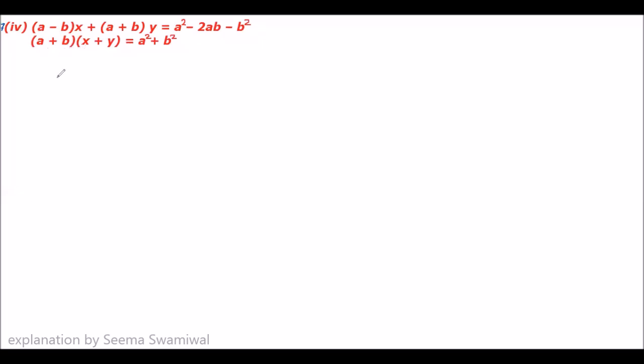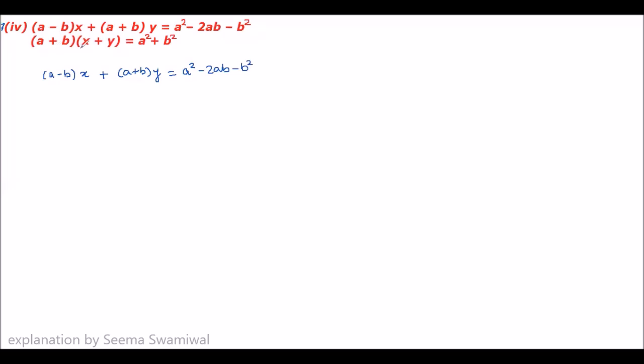So let's rewrite the system once again. The first equation is absolutely all right. We will copy it down as it is. A minus b x plus a plus b y is equal to a square minus 2ab minus b square.